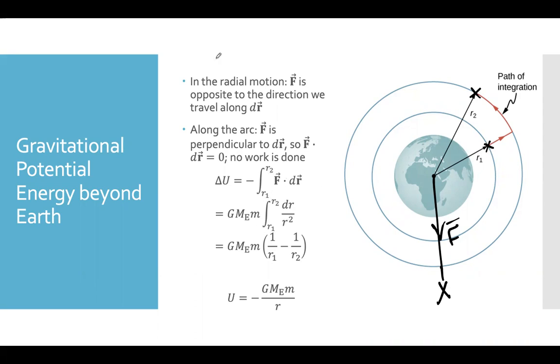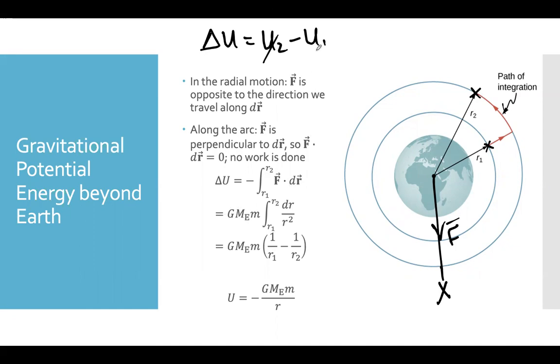Remember, our difference is going to be U2 minus U1. U2 is this second portion here, U1 is that first portion, so this one is going to be canceled, and we'll just be left with this one here. We have a negative times a negative, which is going to be a positive.